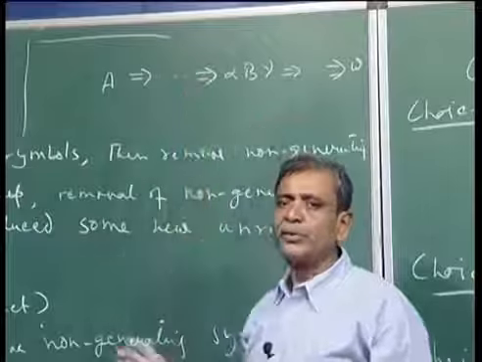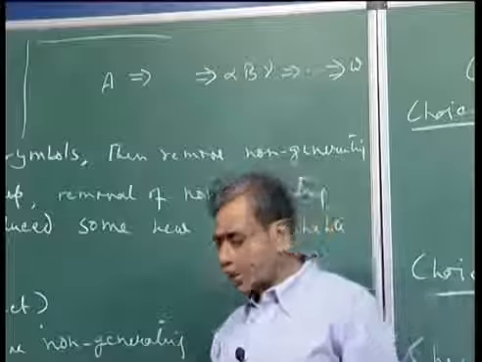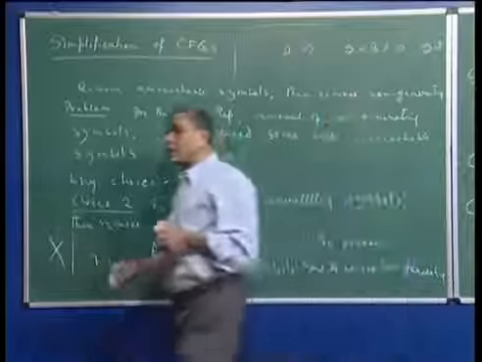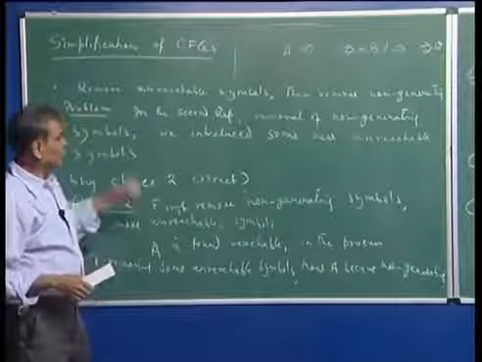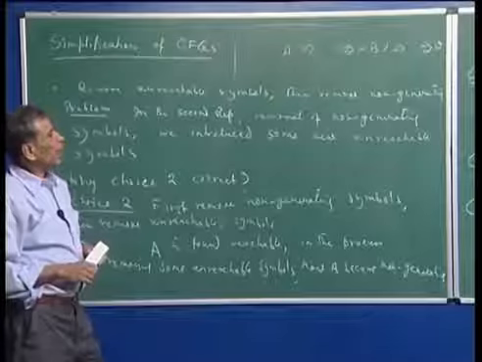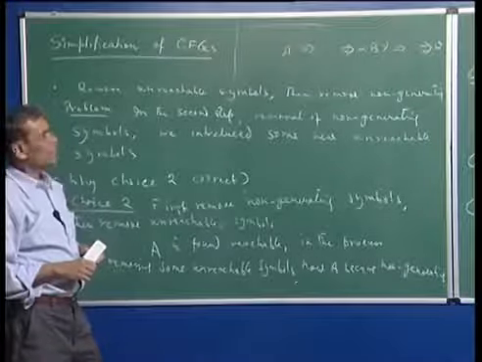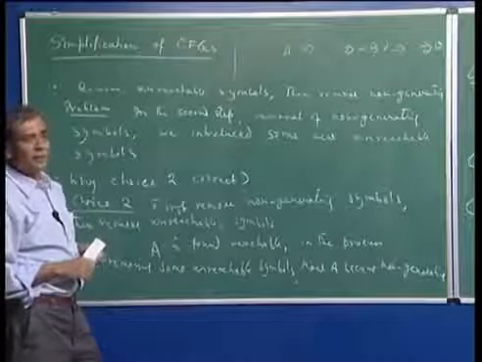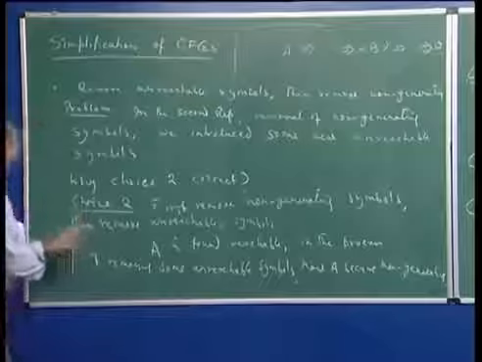So, we will never throw out such a B, and therefore, it is not possible that, because of throwing out some unreachable symbols in the second part, I will make something which was already generating become non-generating. So, this situation can never happen.